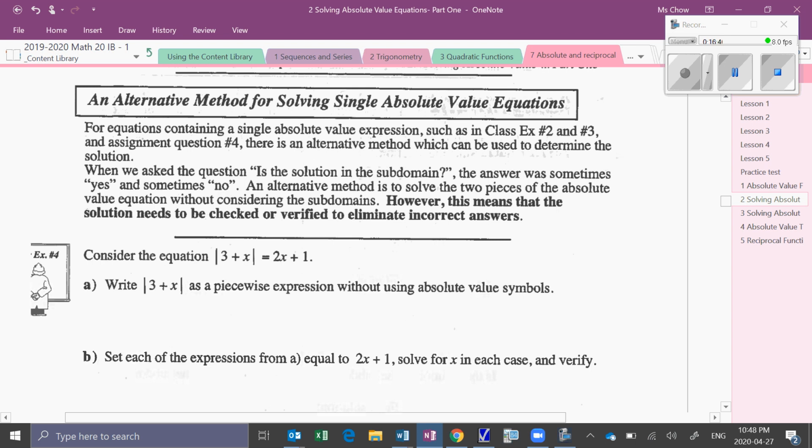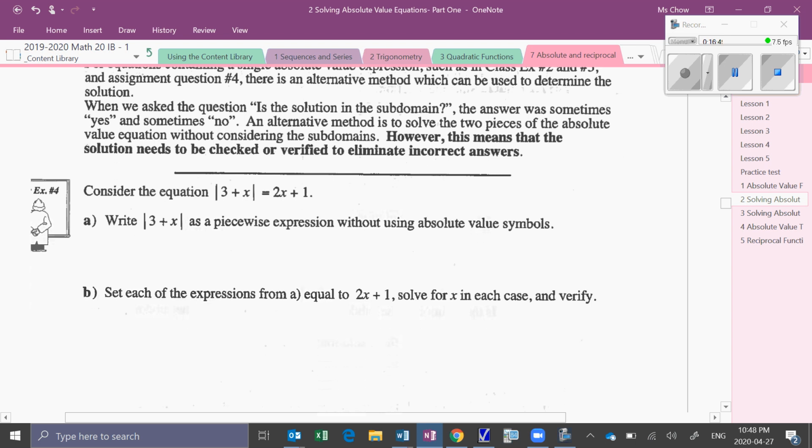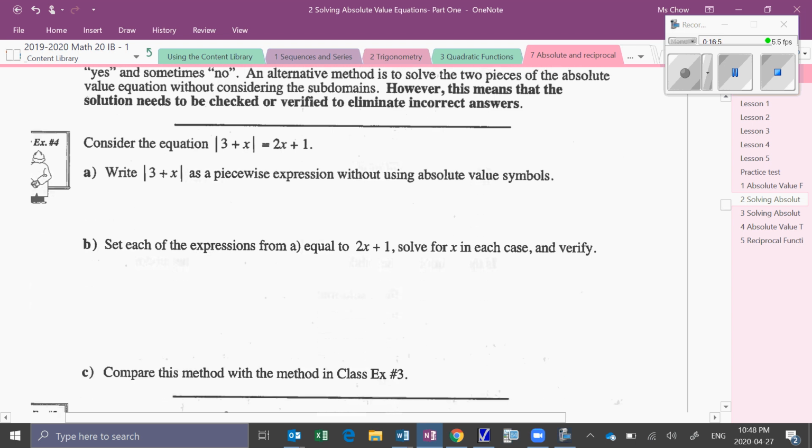However, it's a little bit more work because you have to essentially check or verify every single one.